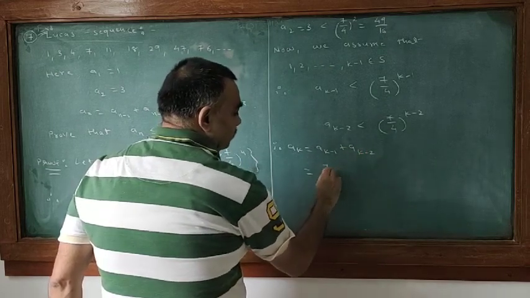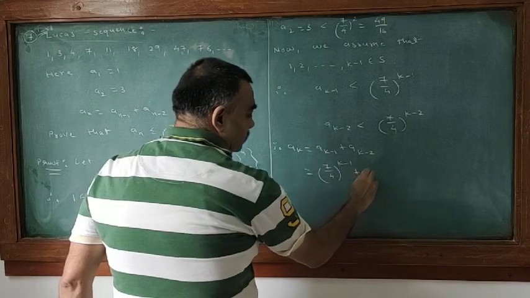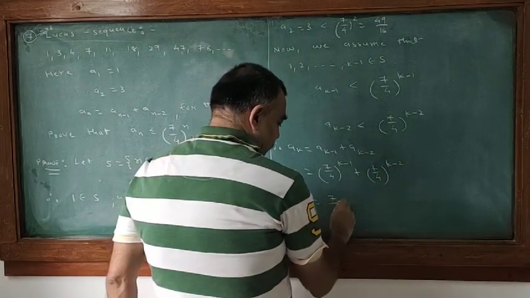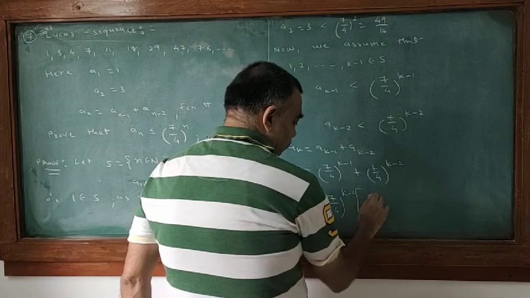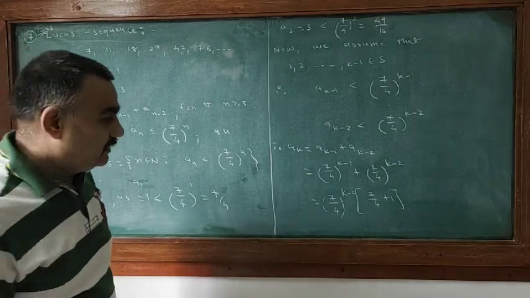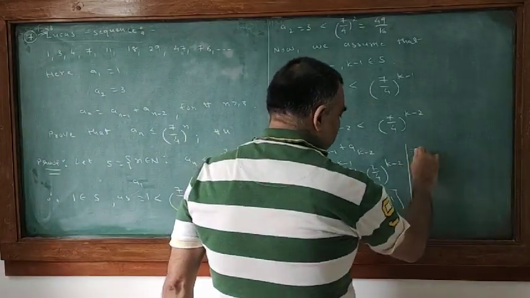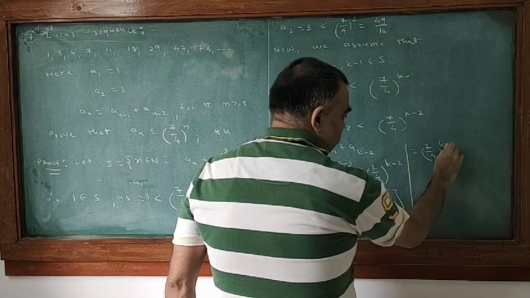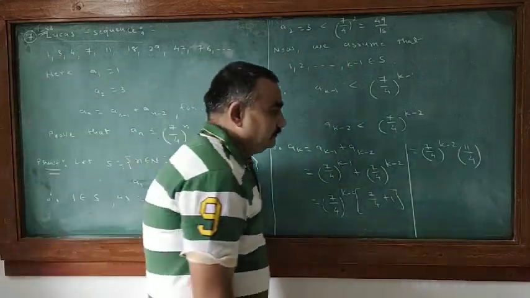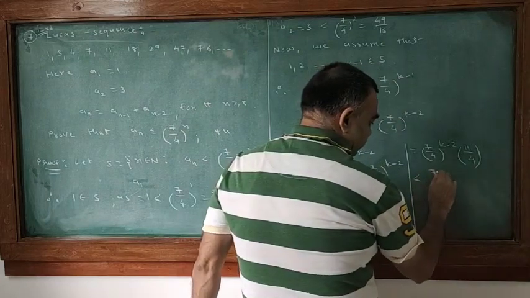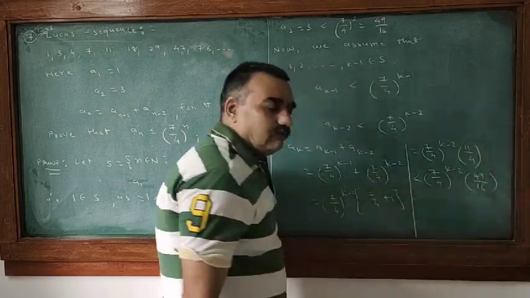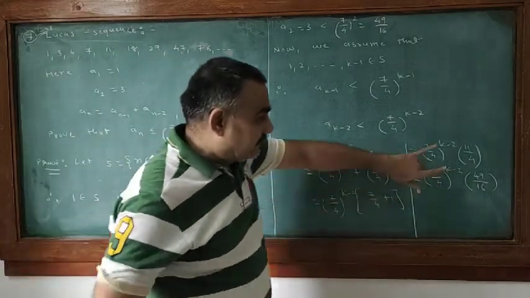This is equal to 7 by 4 plus 11 by 4. Can I replace this with 49 by 16 because this is less than 3?